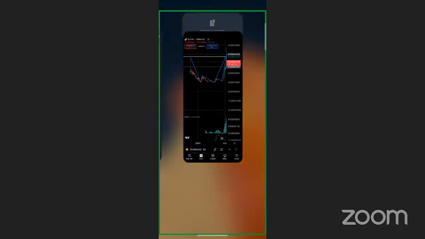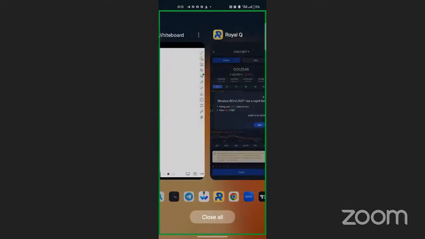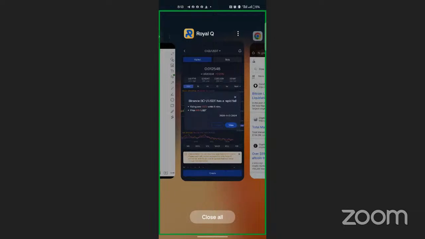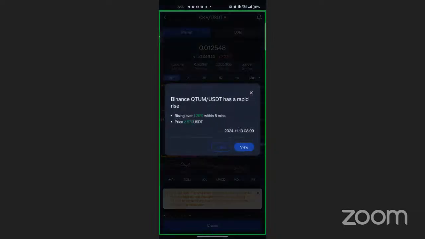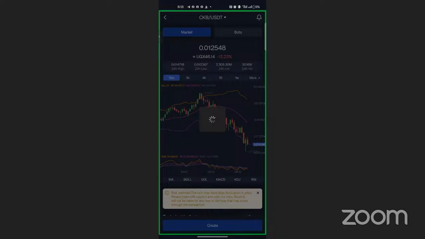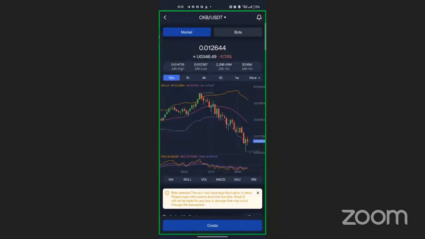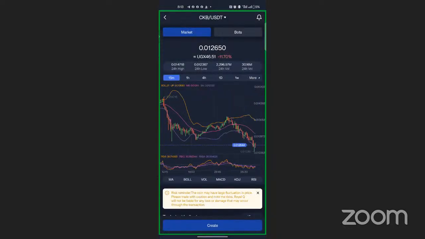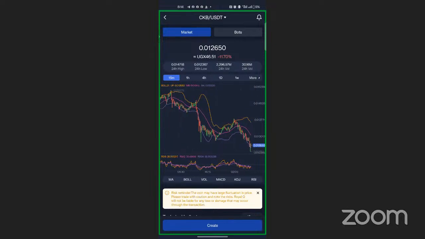Even when you are in your trading, where is my support? You open a coin, because this is where now most of you lose out. You open a coin, look at the coin very well. Where was the market coming from? The market was coming from up, came down, went up a little bit, came down.